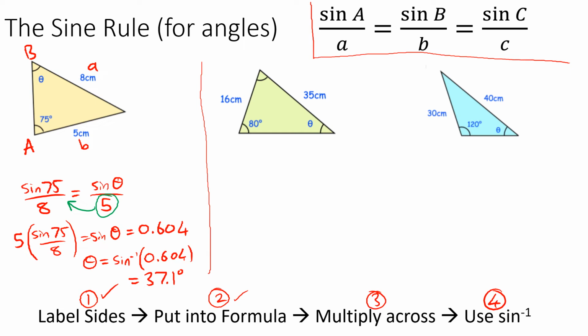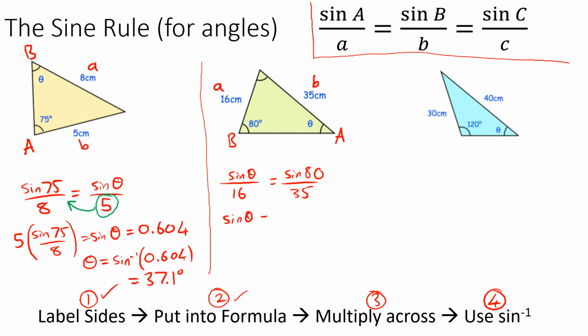Now again, I'd like you to have a go first, so I'm assuming that you're doing that now and you're unpausing the video in 3, 2, 1, let's go. So label our sides, label our angles, put them into the formula, multiply across by the 16 rather.